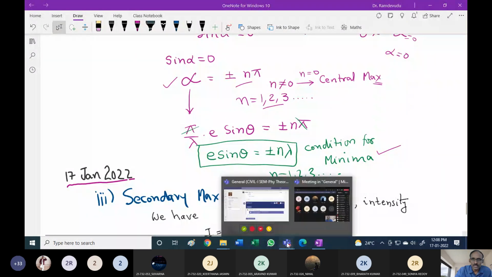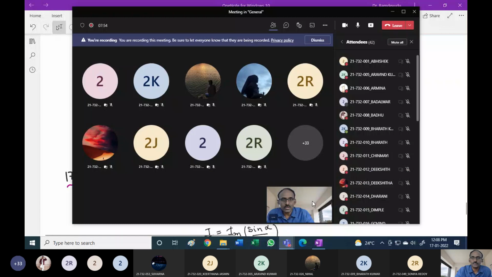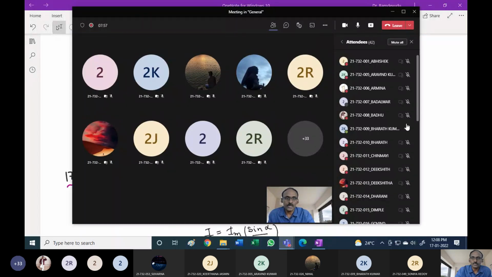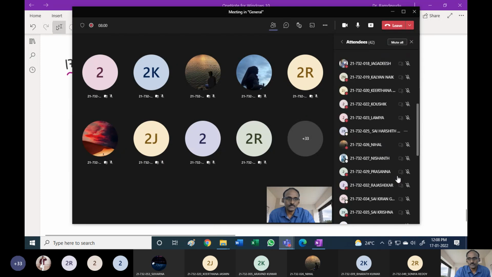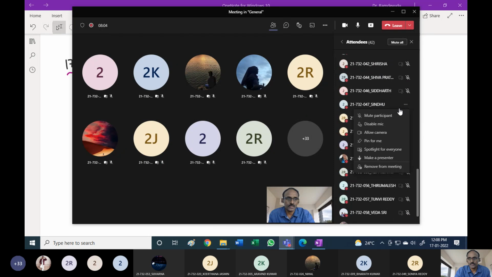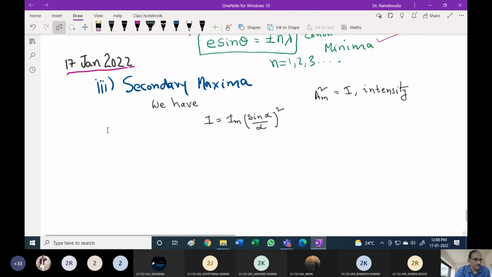Now we start the condition for secondary maxima. We have derived that I equal to Im sine alpha by alpha whole square is the intensity distribution function, IDF as we call it.